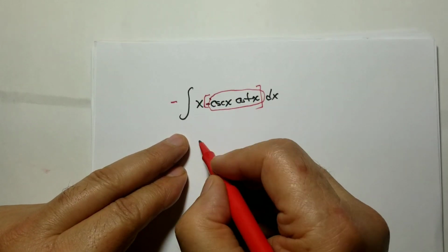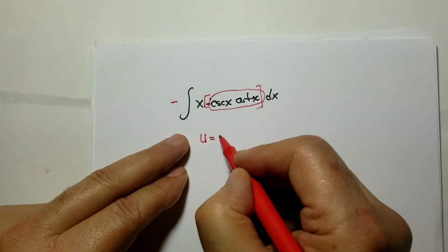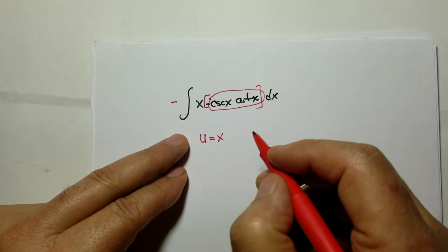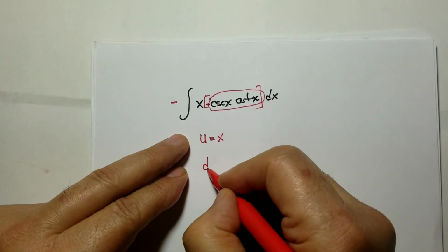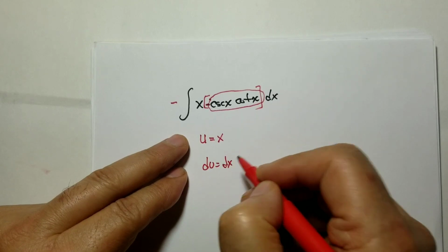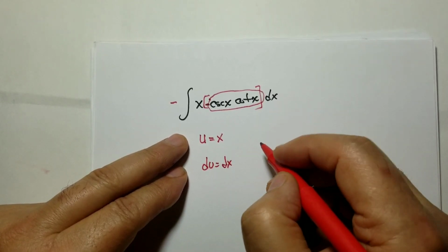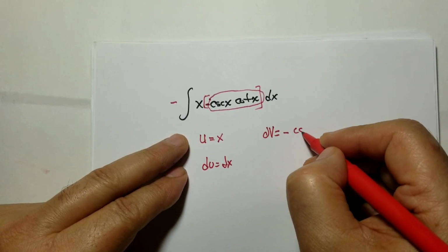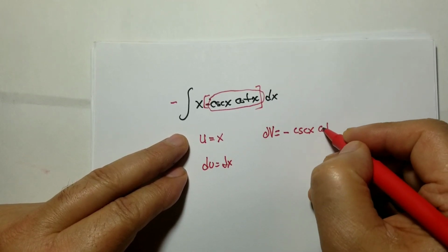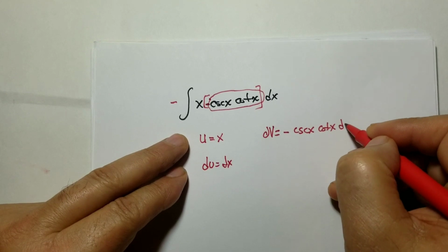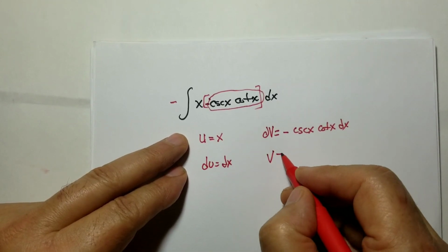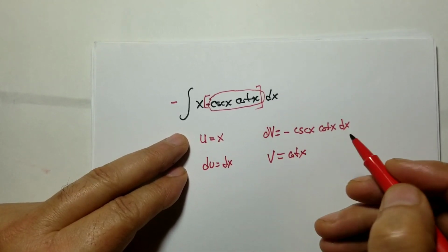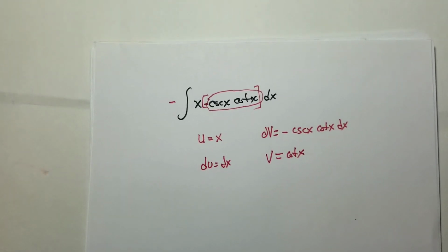Therefore, if I make this one my u, which is x, and my du becomes dx, and if I call my dv negative cosecant of x cotangent of x dx, my v is cotangent of x. That's simple.